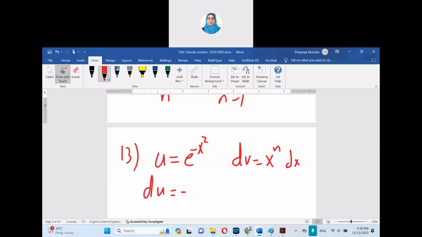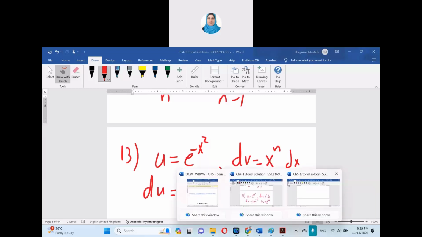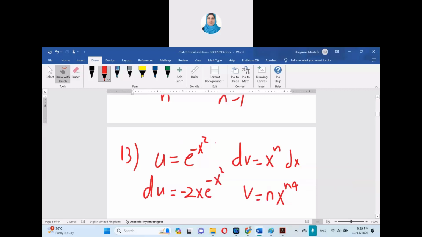Then find du, which is minus 2x e to the power minus x squared, and v is x to the power n plus 1 over n plus 1.